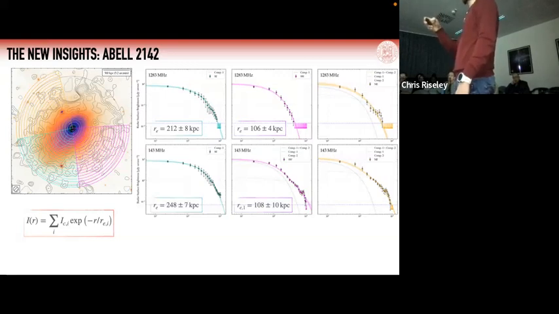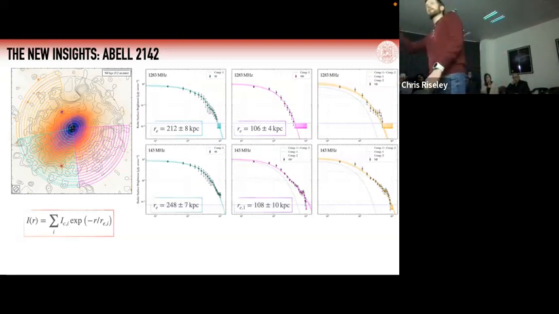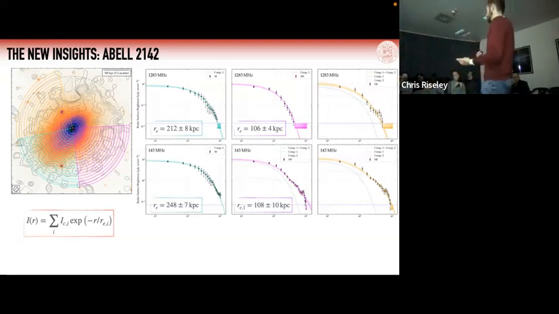But we do see a double component fit with LOFAR at lower frequencies. And you really can't see the second component on the projector, but it goes along around like that. Again, with the first component, they show very similar e-folding radii.